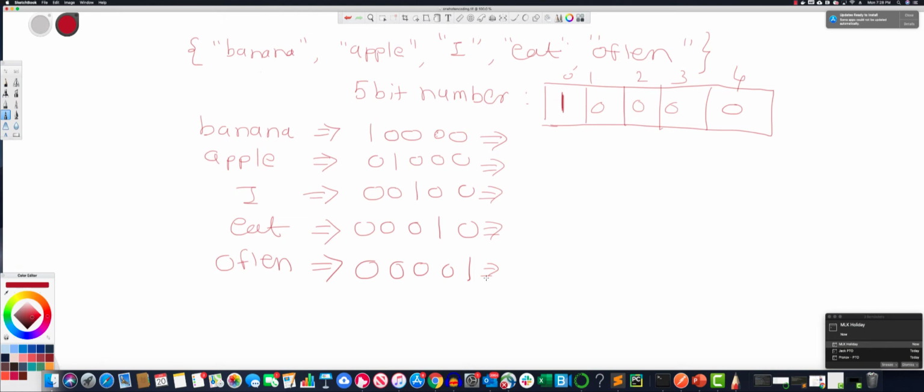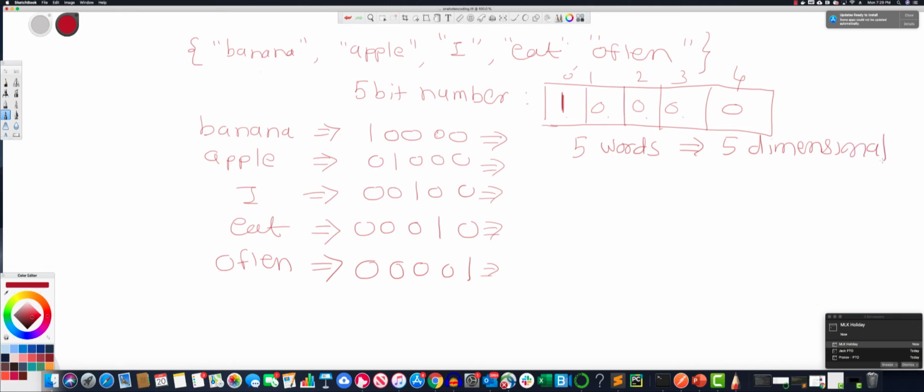In this particular case, you must have noticed that the dimension, that is the number of elements in the array, which is also known as the dimension of each vector, is directly proportional to the number of elements in the corpus. So if there are 5 words in the corpus, it means it's a 5-dimensional vector, right?